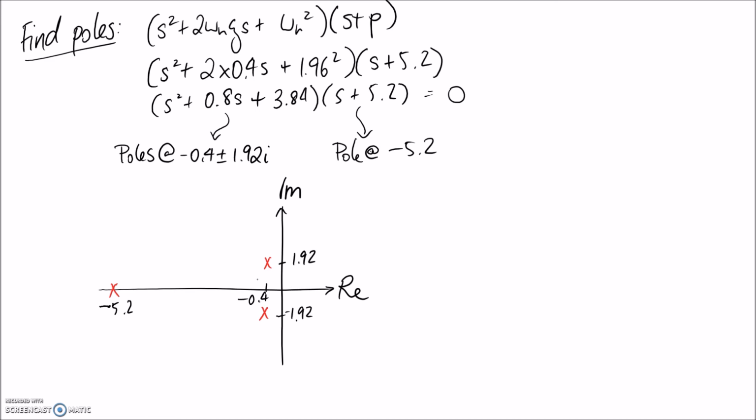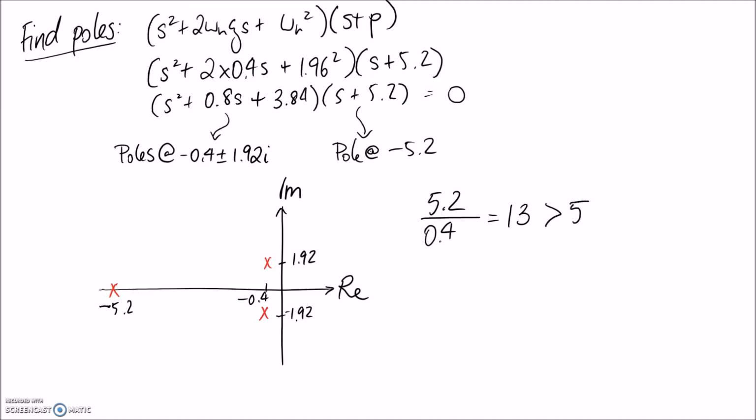So let's assess that. So we have a pole at 5.2, and these two poles have a real component of 0.4 off the axis. So if we work this out, it comes to be 13. So there's a ratio of 13 times between these two poles.